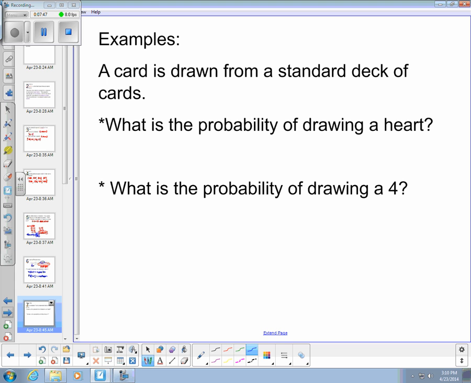Okay, let's look at some other probabilities. If we take a card from a standard deck of cards, how many cards are in the deck? That would be our sample space. And there are 52 cards in a standard deck. So the denominator is going to be 52 when we calculate the probabilities. The first one says, what is the probability of drawing a heart? On the top, we want the number of hearts in the deck, and on the bottom, we want the total number of cards.